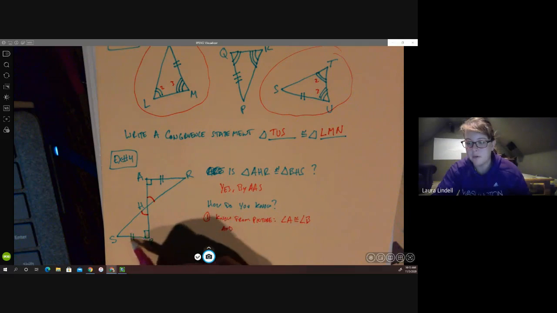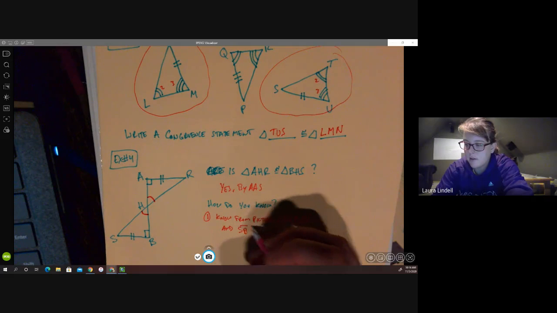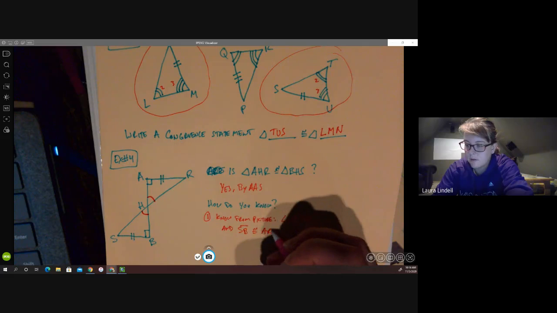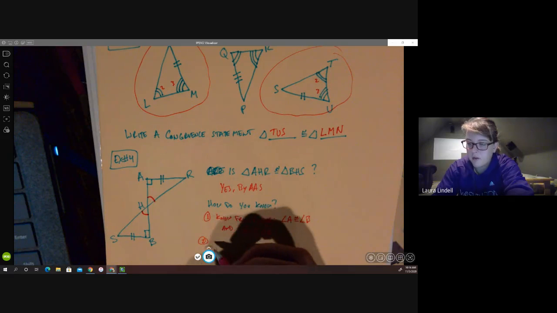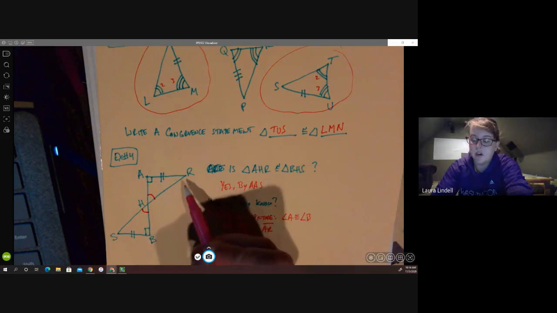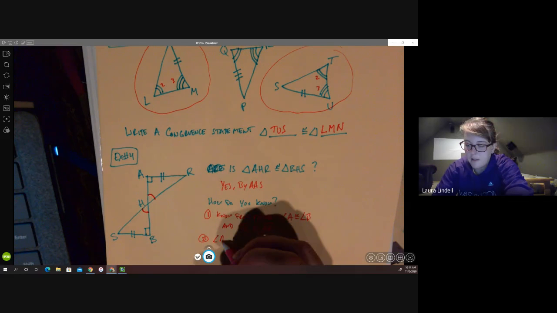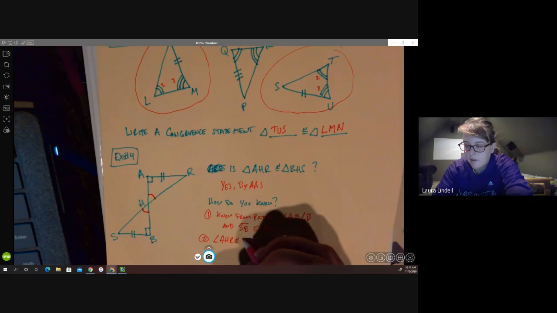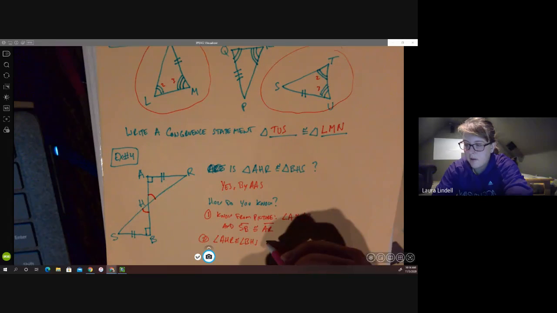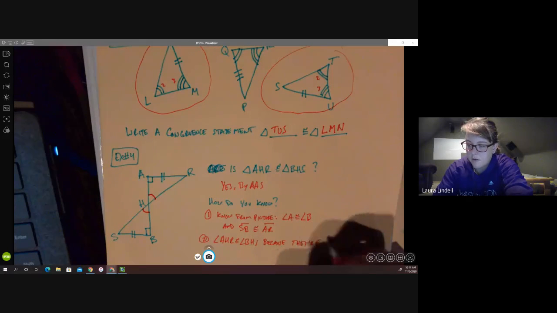They both got two little dashes in the side. And then the second thing that we know, we had to put in the picture ourselves, that AHR and BHS, those two angles, are the same, because they're vertical angles.